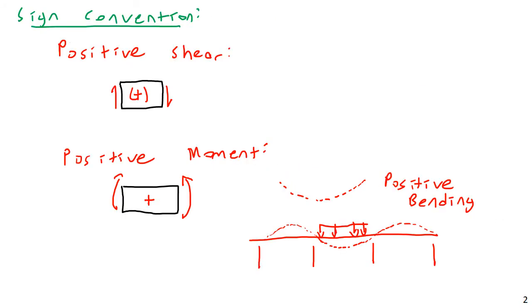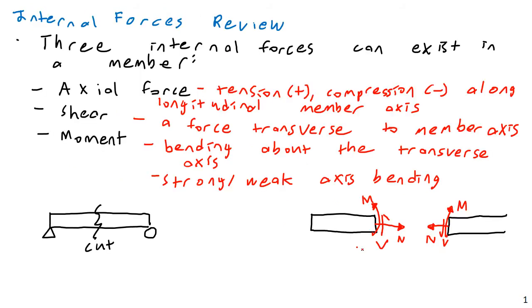But if you think in 3 dimensions, a member has 2 different transverse axes. If I have a beam like this, if the longitudinal axis is here, there are going to be 2 different transverse axes. There's a vertical transverse axis, up and down here, but then there is a horizontal transverse axis, which is into the page here.